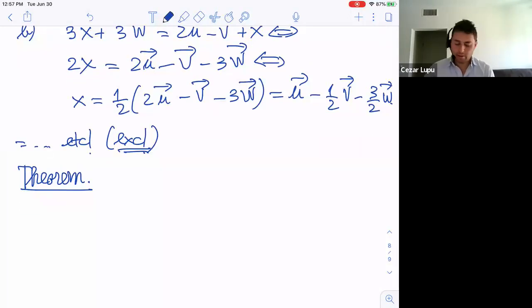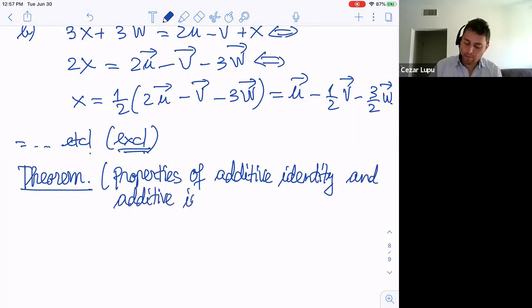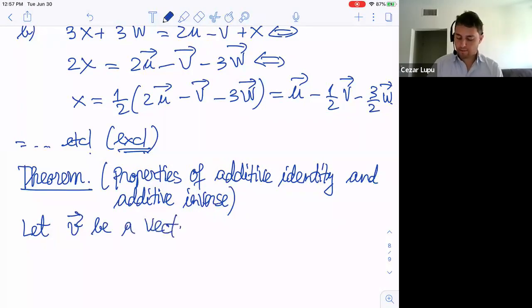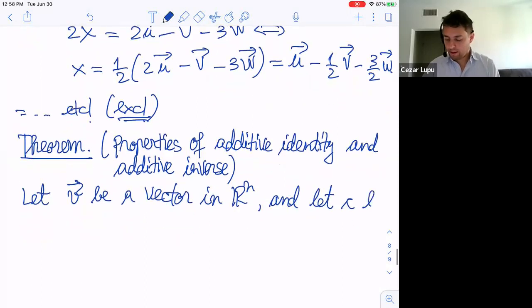Well, this theorem, like I said, concerns the properties of additive identity and additive inverse. Let v be a vector in Rn, and let c be a scalar.